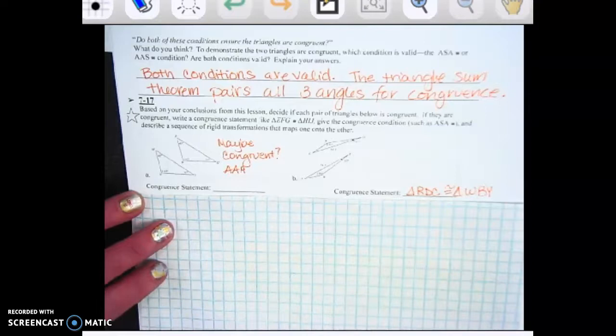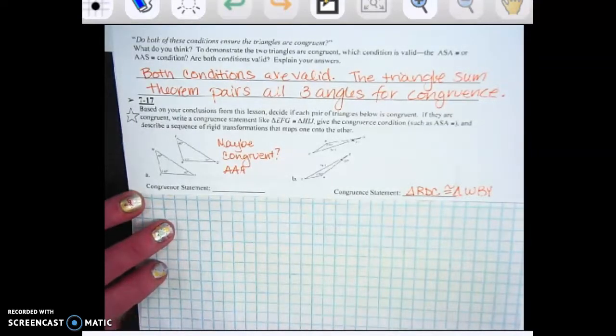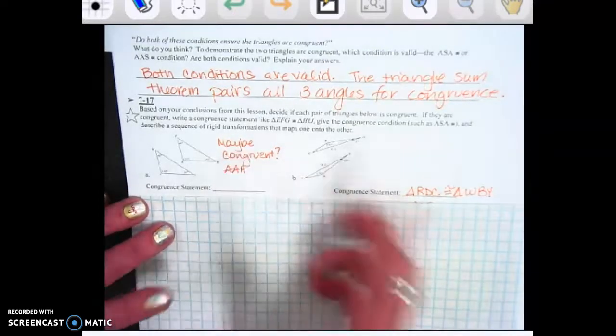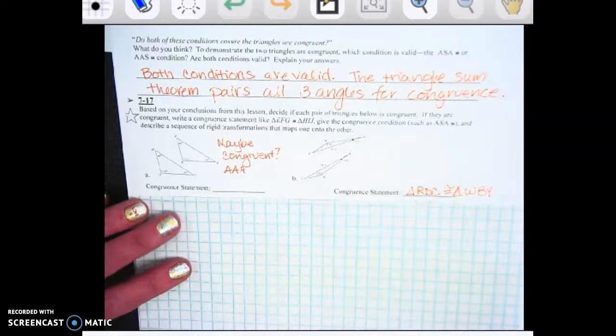Well, triangles that have angle to angle aren't necessarily congruent. Their sides could be proportional. They could be an enlargement or a reduction. We don't know what the sides are for sure. Okay, so this one, they may be congruent, but maybe not congruent.